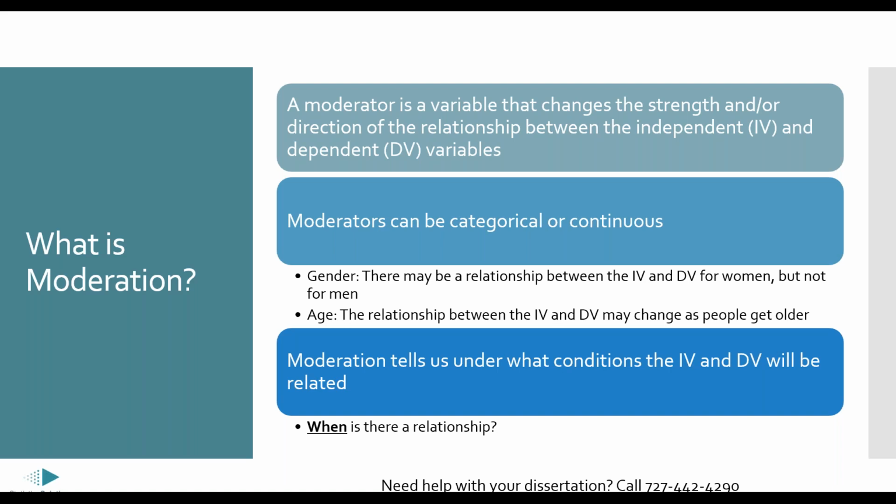So for example, with age, the relationship between the independent and dependent variable might change as people get older. And so moderation basically tells us under what conditions the independent and dependent variable will be related to each other. So it tells us when a relationship will exist between two variables.